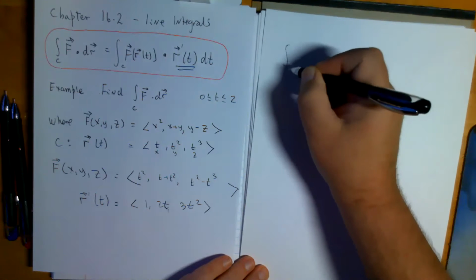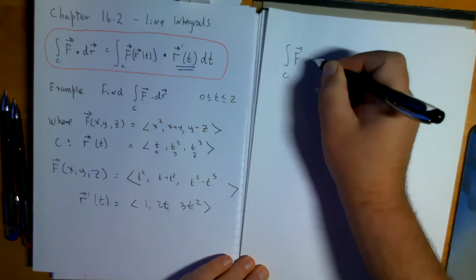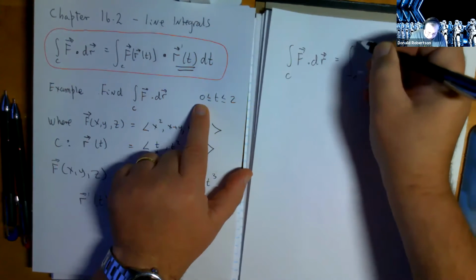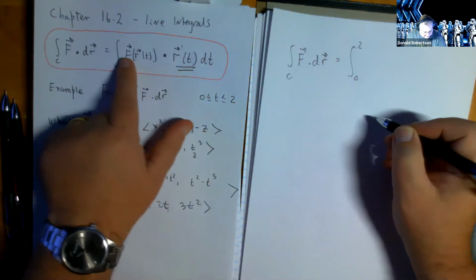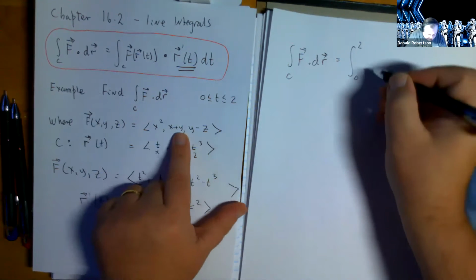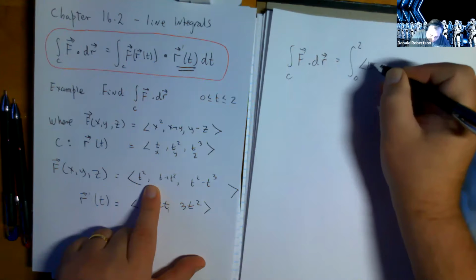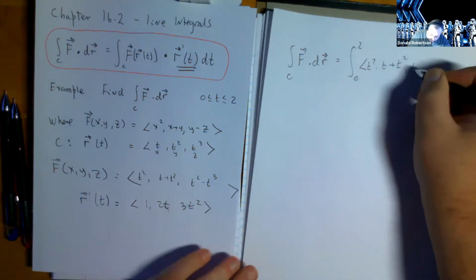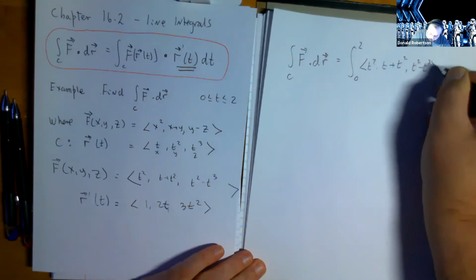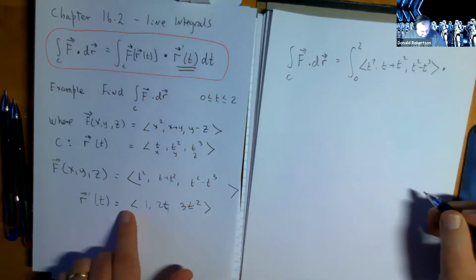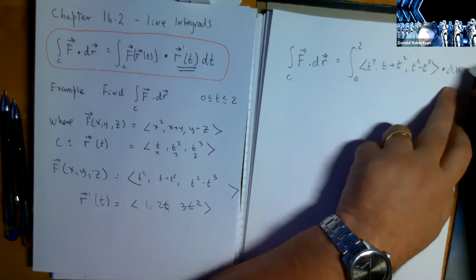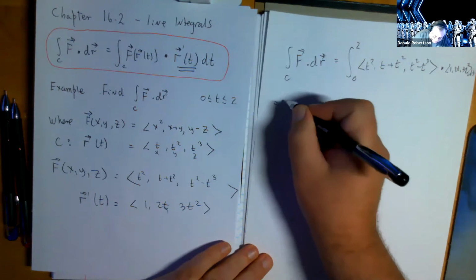This is going to become the integral from 0 to 2. This one, t squared, t plus t squared, take away t cubed, dot product with this, 1, 2t, 3t squared, dt.